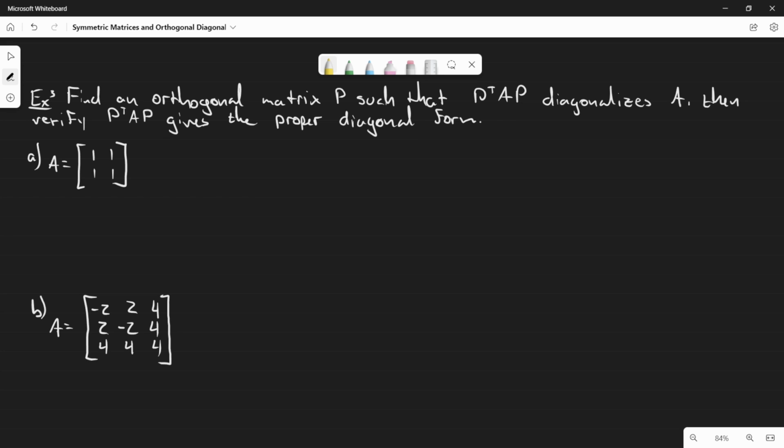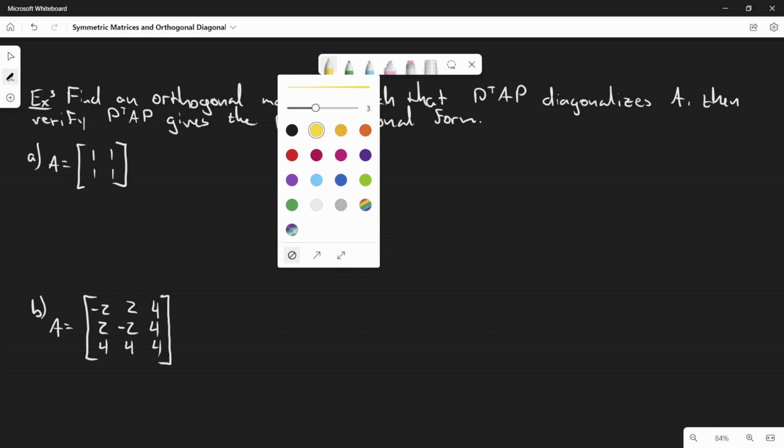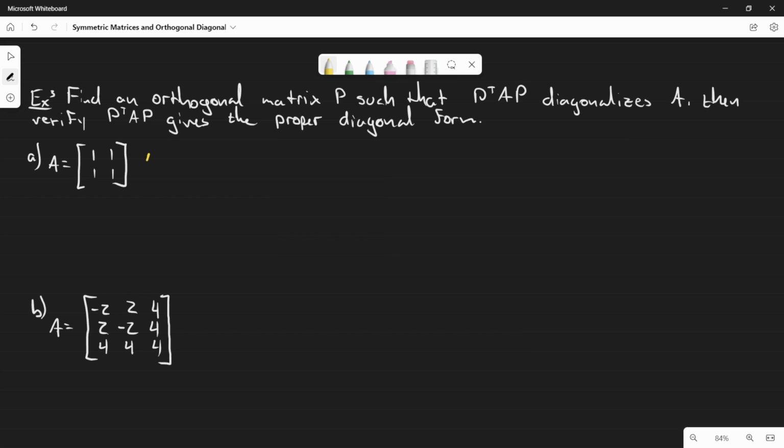For the first one, we are given a 2 by 2 matrix of all ones. Again, as I mentioned in the last video, these are all going to be symmetric matrices, which is the cool thing about it because we can do so much with them. As always with diagonalization, the first thing we do is take the determinant and set it equal to 0, our characteristic equation.